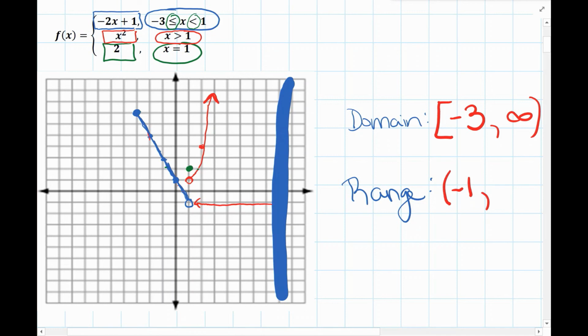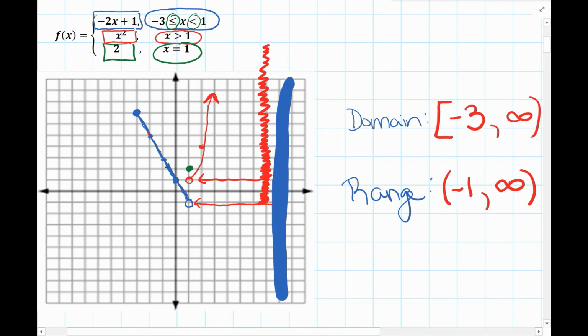Now, let's see what is the highest y value. It continues to go up, and then I have an open circle here, but it doesn't matter because I do have the blue part that's filling in that open circle. It keeps going up, and it seems to keep going up forever. So it's -1 to infinity.